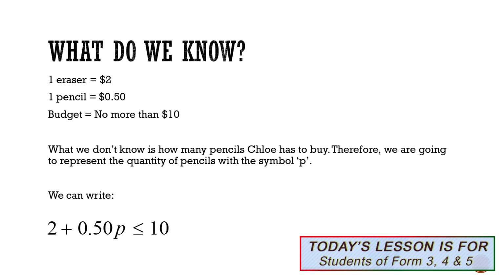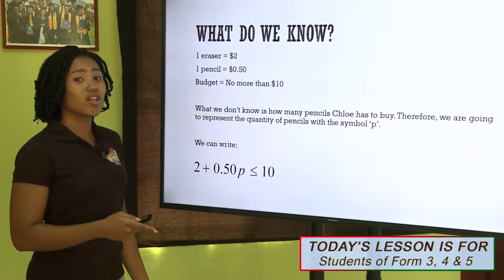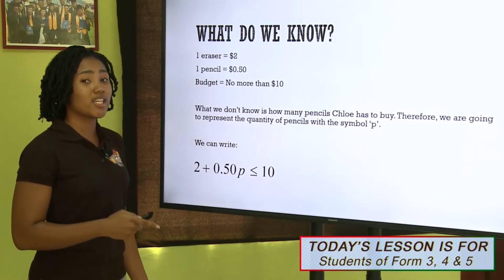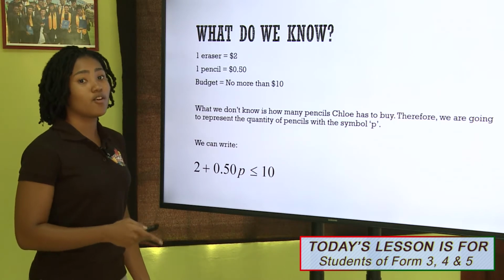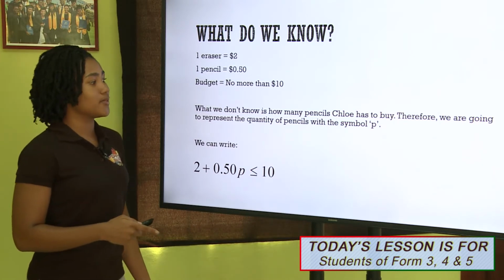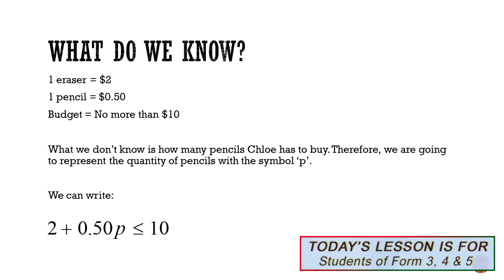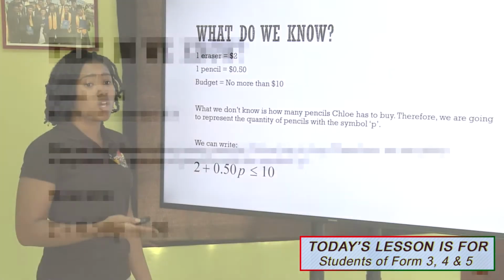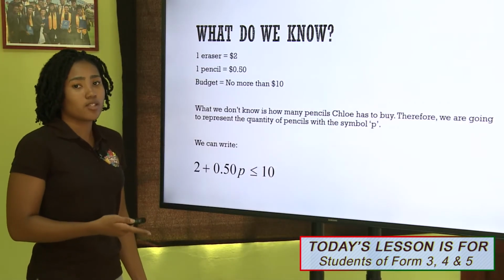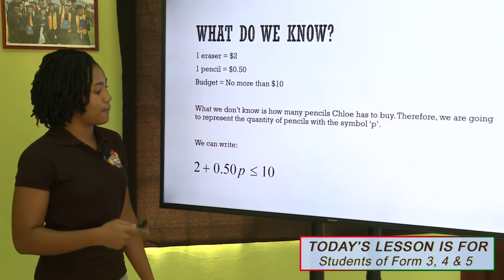We also know that one pencil costs 50 cents. Our budget? No more than $10, meaning that $10 is the maximum amount that Chloe can spend for these pencils and that eraser. What we don't know is how many pencils Chloe has to buy. Therefore, we are going to represent the quantity of pencils with the symbol P, simply because we just do not know how many pencils she's going to buy.